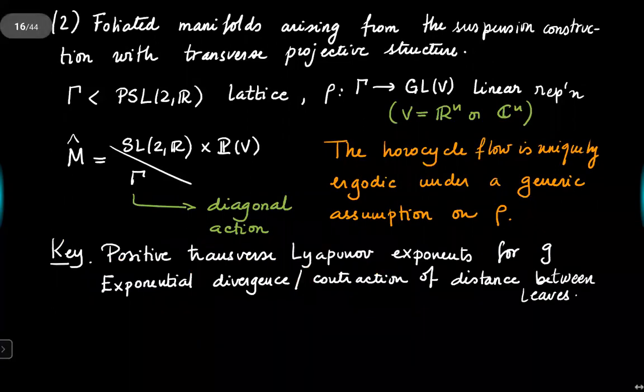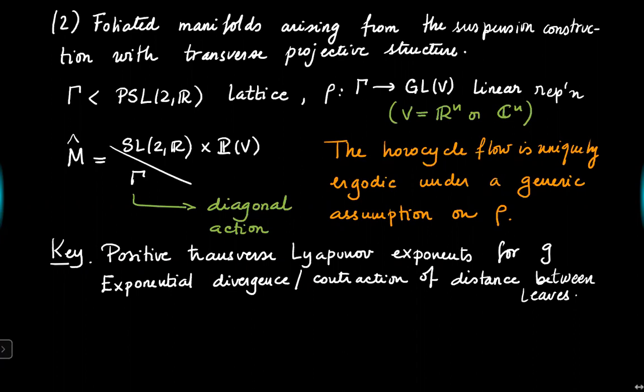So this is a very different situation from the previous one, because this generic assumption on the representation rho is an assumption on the Lyapunov exponents for the geodesic flow in the direction which is transverse to the foliation.